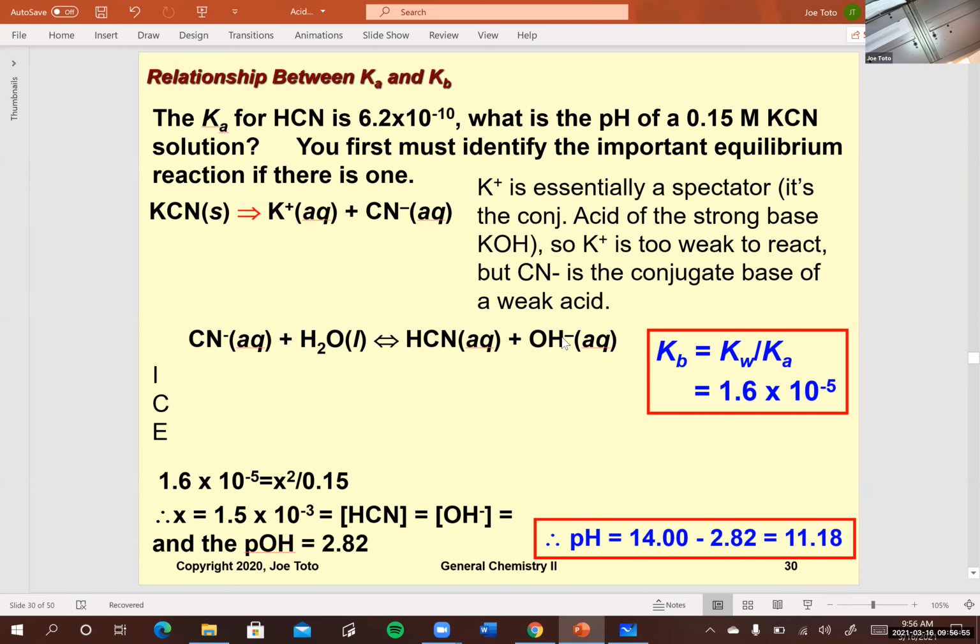You're going to have problems now that require you to remember Chem 200 solubility rules, and be able to identify what's in the water, and furthermore say that one is a spectator, non-reactive, and the other guy is the conjugate of a weak one and therefore engages in an equilibrium, and that's the one that's going to dictate what the pH of that solution is going to be.